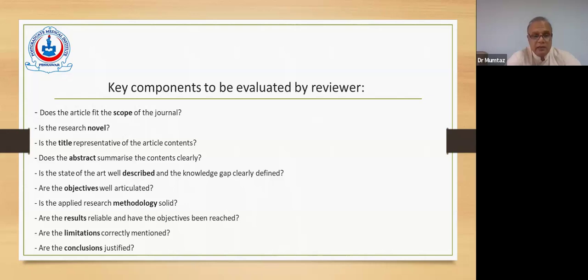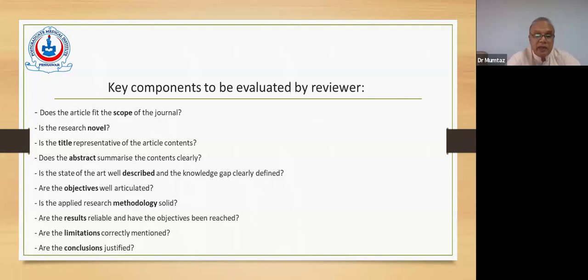All these things are being evaluated by the peer reviewers. After these, the results are seen. The results have different characteristics which are known to many people, and results are evaluated in the light of those parameters which are given elsewhere. Then the limitations and the conclusions. So these are the contents which are evaluated.